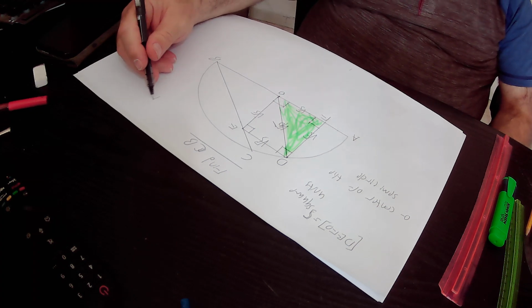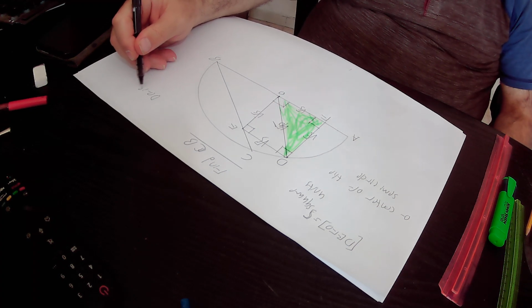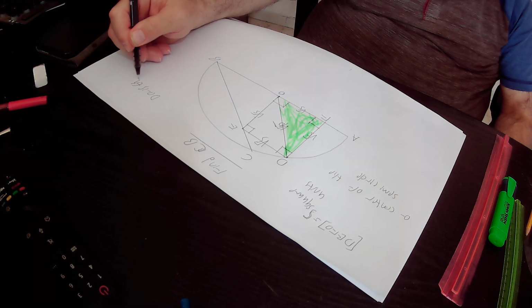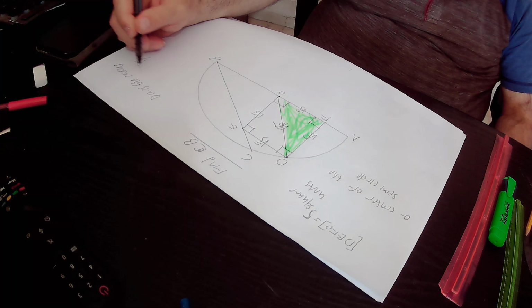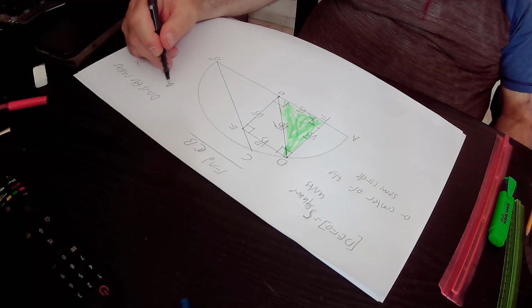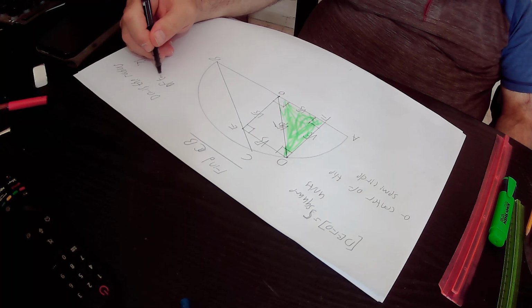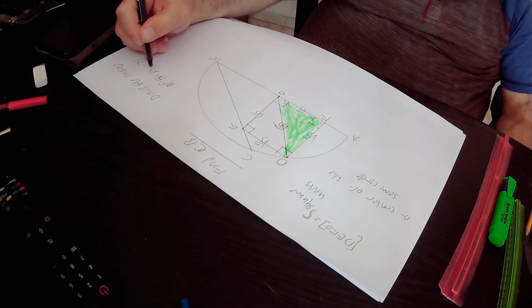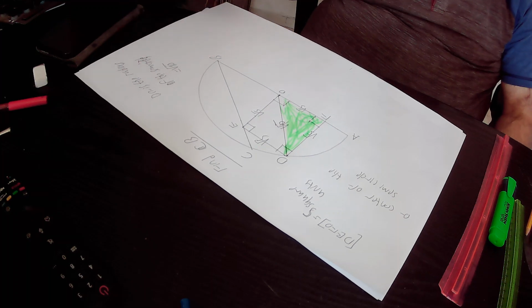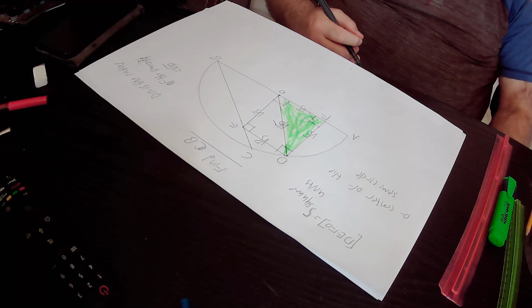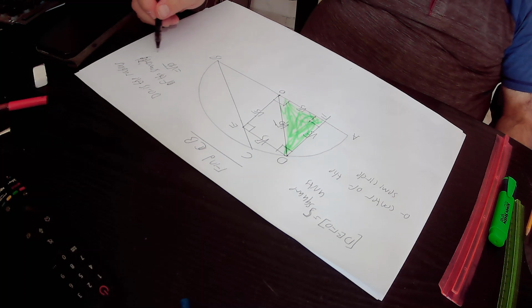So you can write down that DO is the radius of the semicircle, and it is equal to the square root of 10 units. That is to say, the radius of this semicircle equals the square root of 10 units.